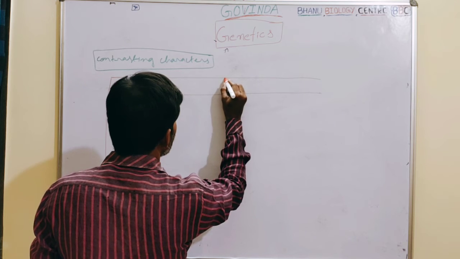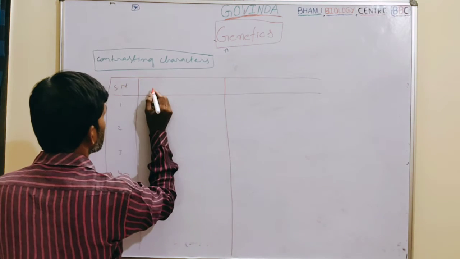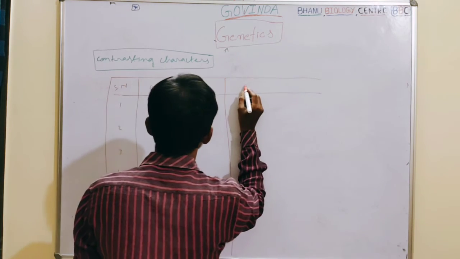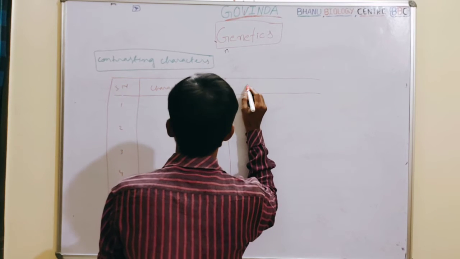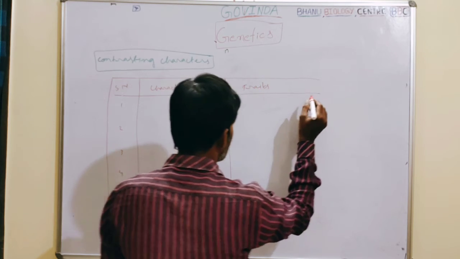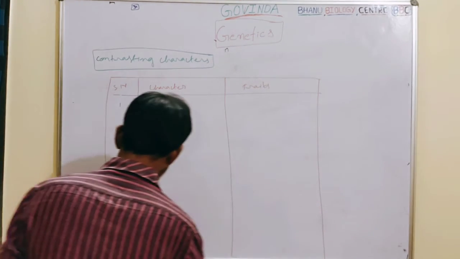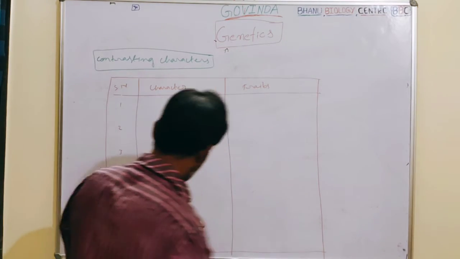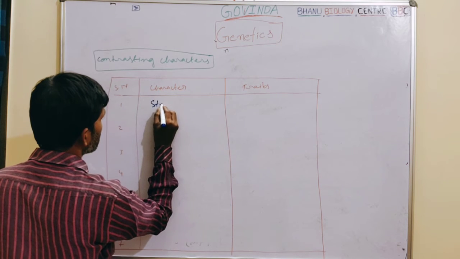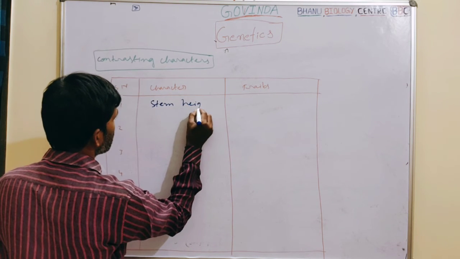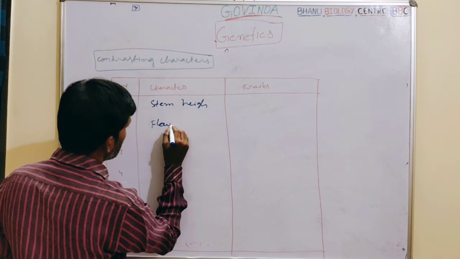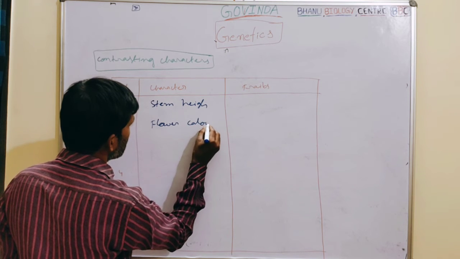In the second column we take character. In the third column we take traits. The first character taken is stem height. Then the second character is flower color.